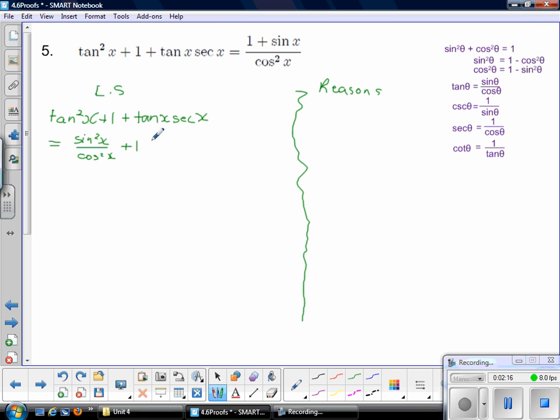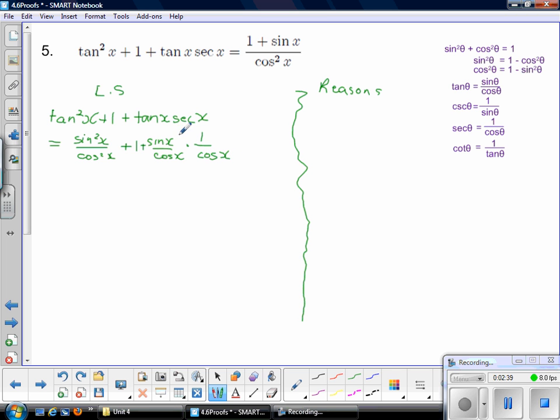The tan, again, I'm replacing it to sine x. Oops, sorry, that's plus. Sine x over cos x. And while I'm at it, I'm going to change the secant to 1 over cos x.